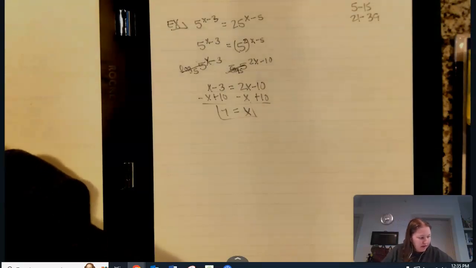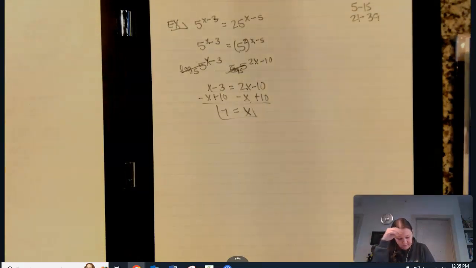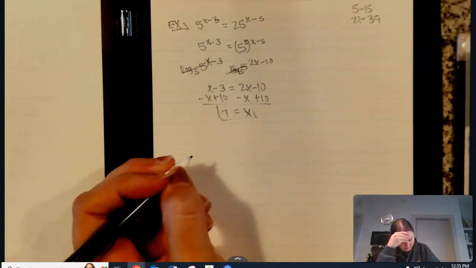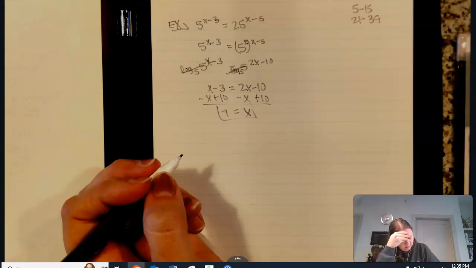So we'll do that. Okay, and then 21, 22. Which one looks difficult? None of them right now.